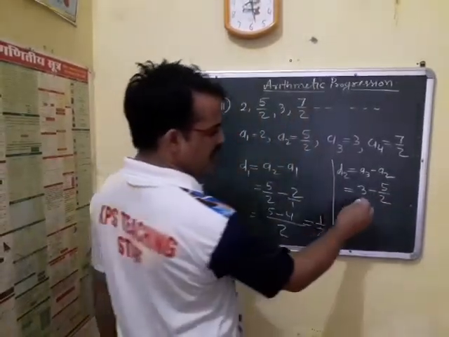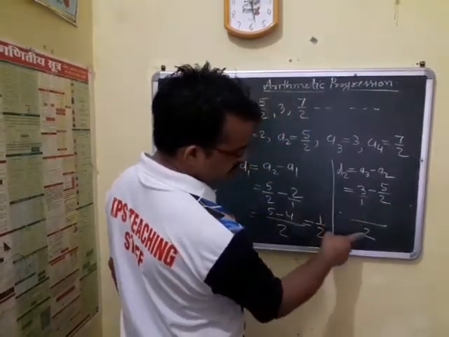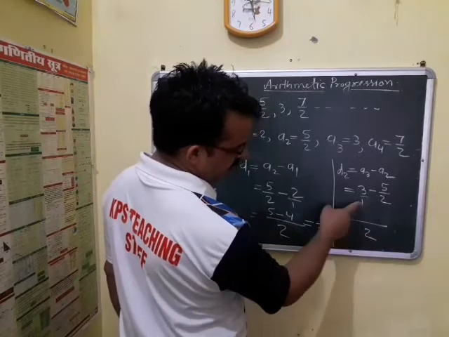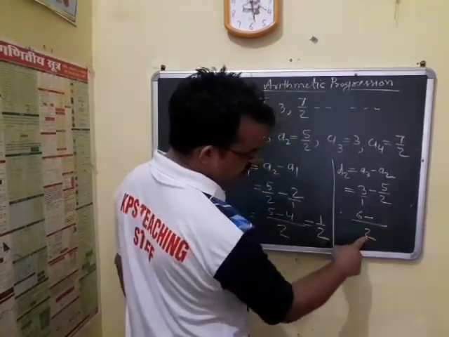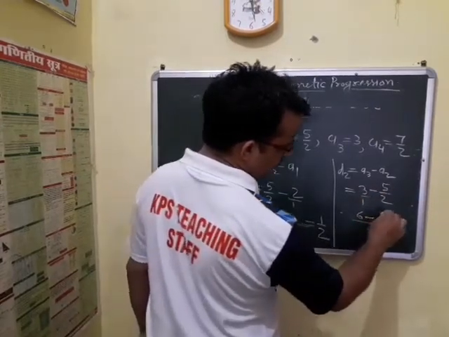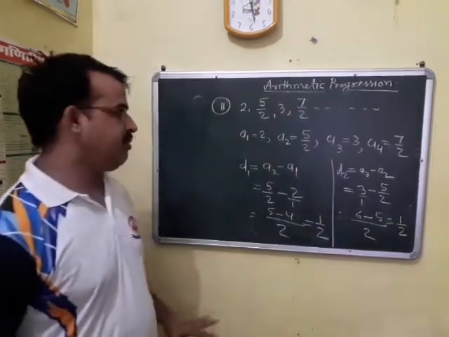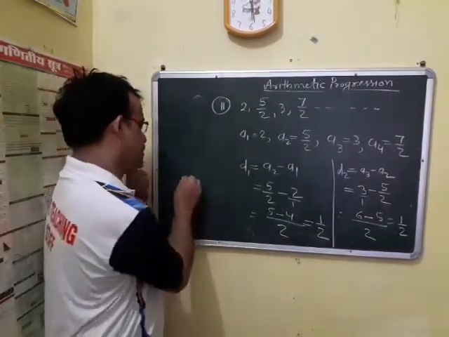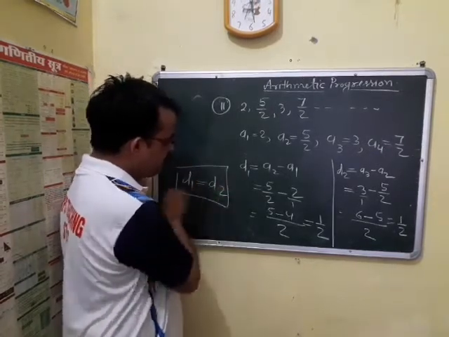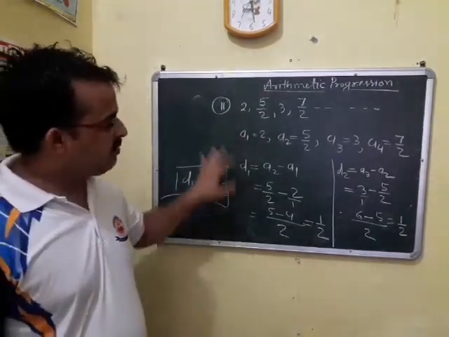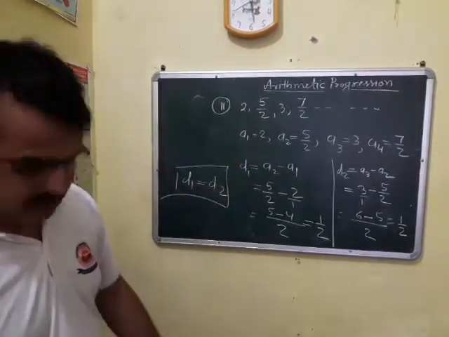The LCM is 2: 2 into 3 is 6, and 1 into 5 is 5. We get 1 by 2. It is proven that D1 is equal to D2. So this is in the form of an AP. Clear? And find the next.